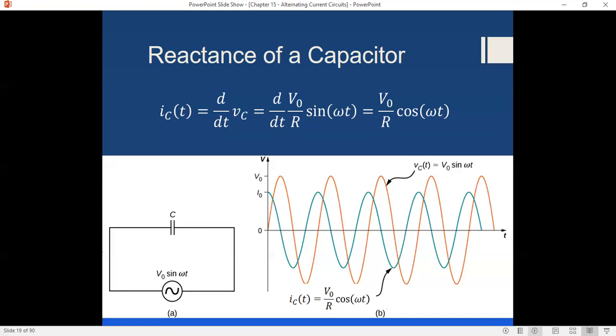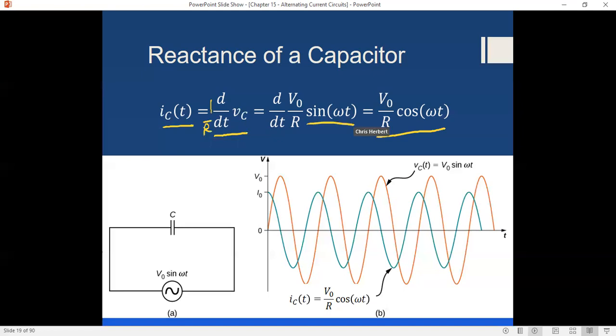So very clearly, if you want to do this mathematically or visually, one can see what's going on here. The current is the first derivative of the voltage. So we get this V0 over R cosine omega t. Actually, I should have a 1 over R out here. Sorry that disappeared there.